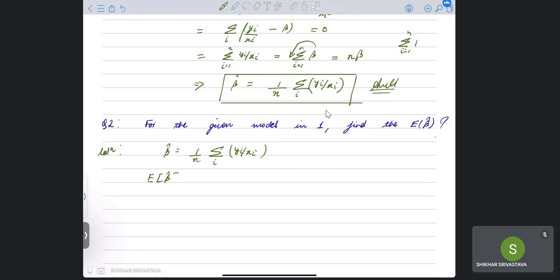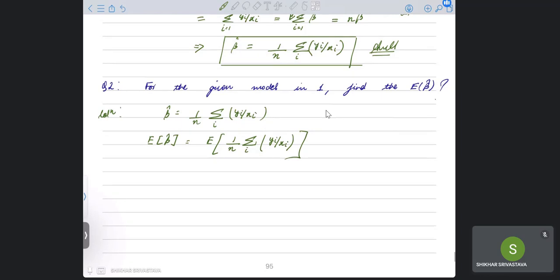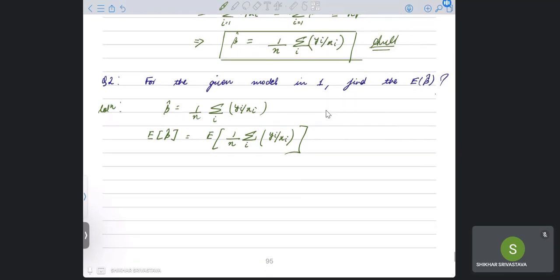The expectation value of beta cap is the expectation of 1 upon n times the summation of yi upon xi. This is equation 1.